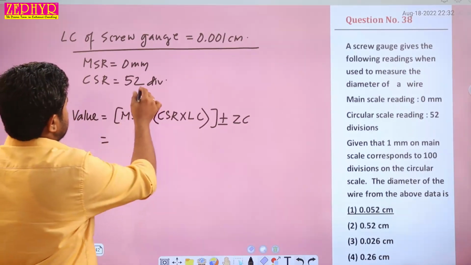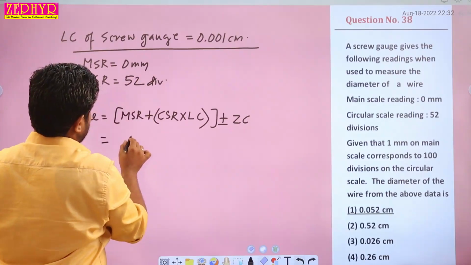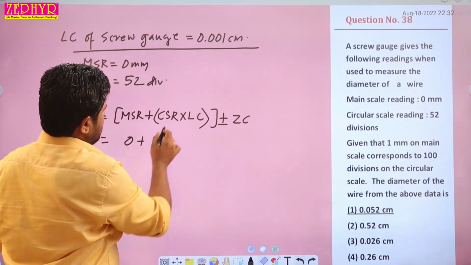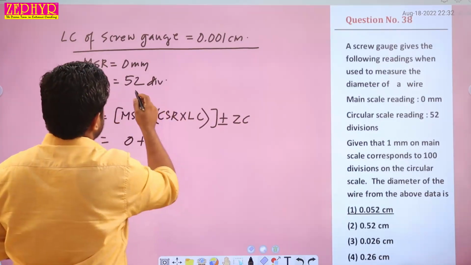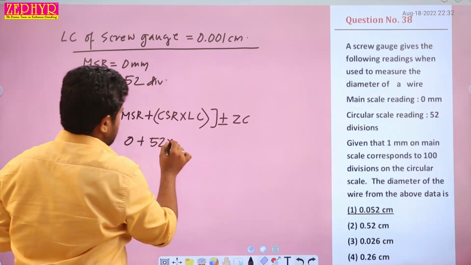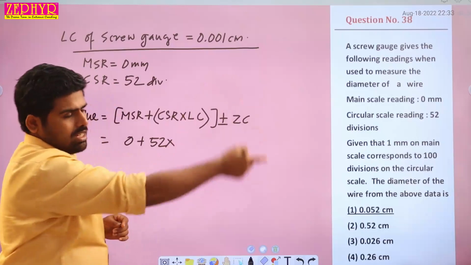So here we know the MSR value. MSR value is 0 mm, which means 0 centimeter, plus CSR value, which is 52 divisions into LC, the least count of this instrument in centimeter. Why?